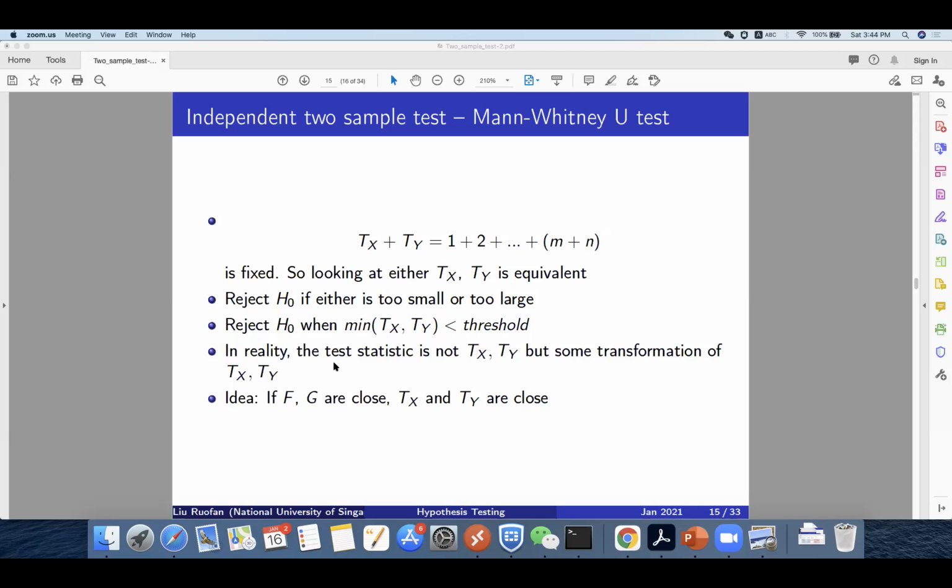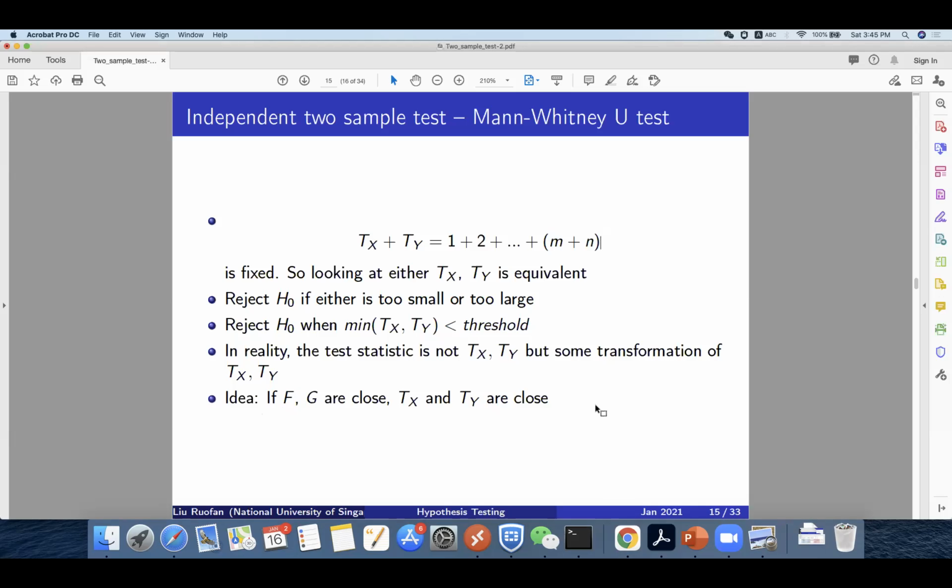In practice, the test statistic is not directly Tx and Ty, but some transformation of them. But the idea is still the same: if F and G are close, then Tx, Ty are close. There's actually a table for the Mann-Whitney test to check the threshold for different M and N, so you don't need to calculate.